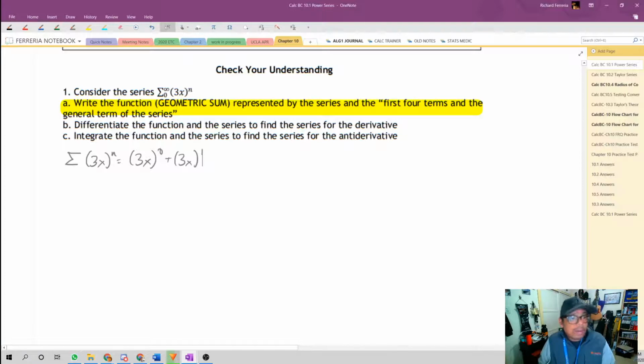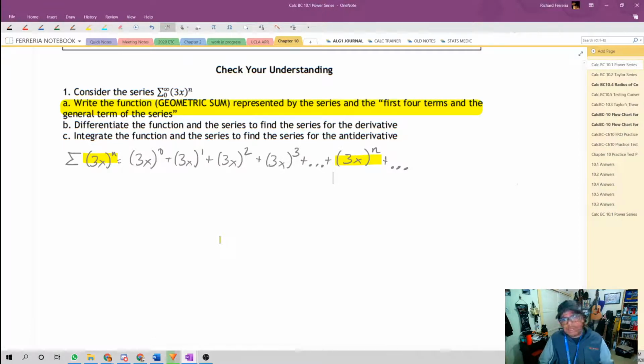When n is 1, we have 3x to the first power. When n is 2, we have 3x to the second power. We get a 3x to the third power, and then our general term. Reminder that the general term is the same thing as what you see in sigma notation, so you don't really have to think about it.